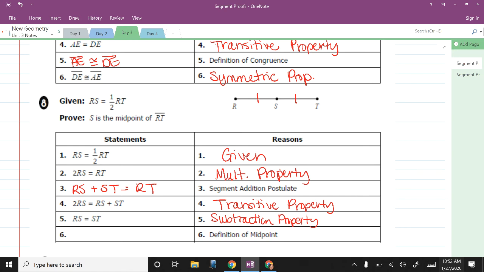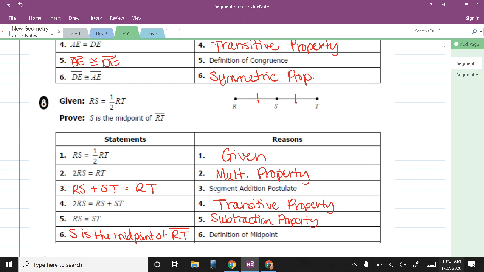So that did prove that S is the midpoint of segment RT. So you copy what it says right here: S is the midpoint of segment RT. Your very last statement should always be what it says to prove.